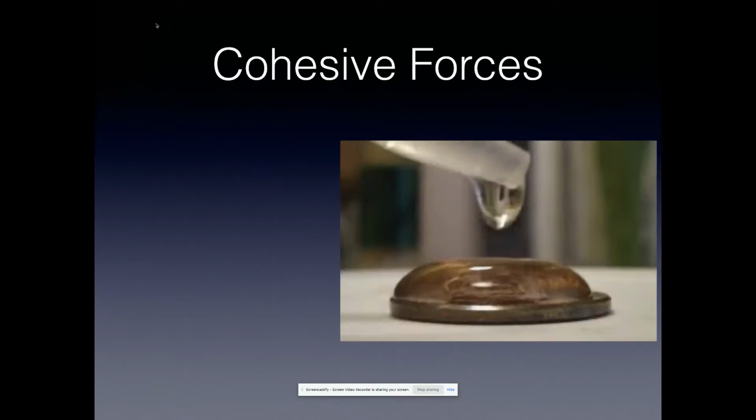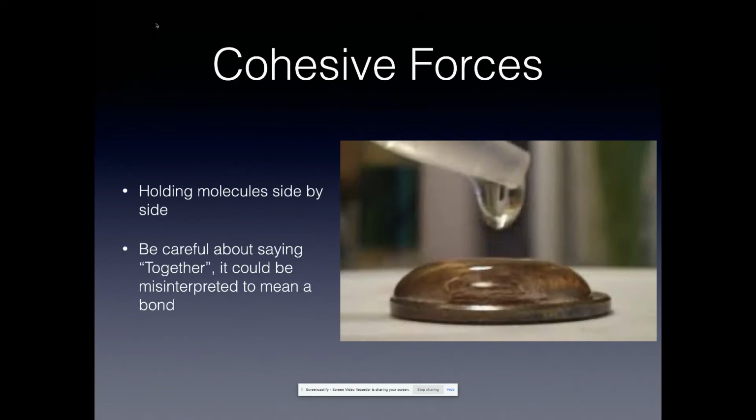Now, these are caused by cohesive and adhesive forces. Cohesive forces help hold molecules side by side. And what you're looking at here is a penny, and you can put drops of water on the penny. Okay, it works with any coin. And you see this nice dome form. And you can also just overfill a glass of water, and you can see that dome up there at the top of the liquid.